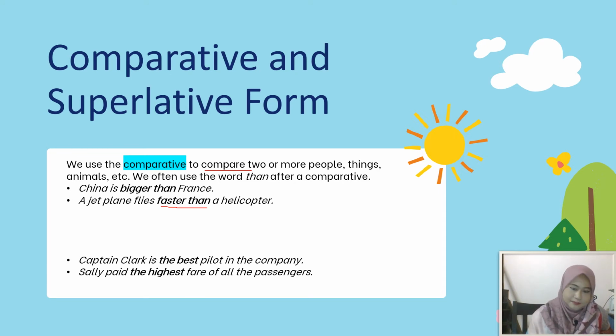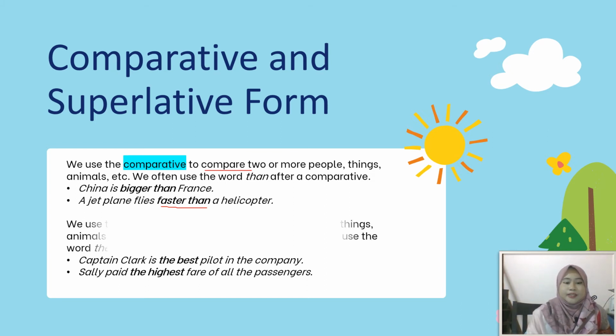Flies is a verb. So you want to describe how does it fly? Fast. So faster than helicopter. So this is the example for comparative adjective. So I hope you understand. Again, if you have any question, feel free to ask us.